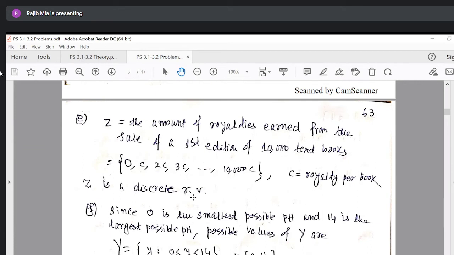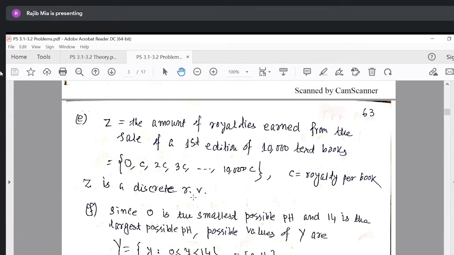But if the possible values of x lie inside an interval, then it is a continuous random variable. Is it clear? That is an uncountable infinite set for a continuous random variable. For example, if your x lies between 0 and 2, there are so many real numbers in between 0 and 2: rational numbers, irrational numbers, so many numbers.